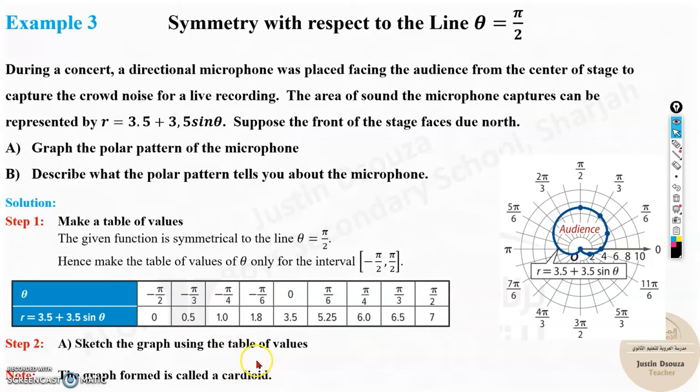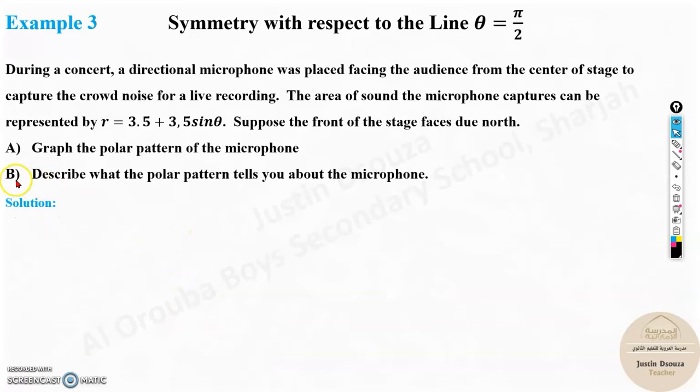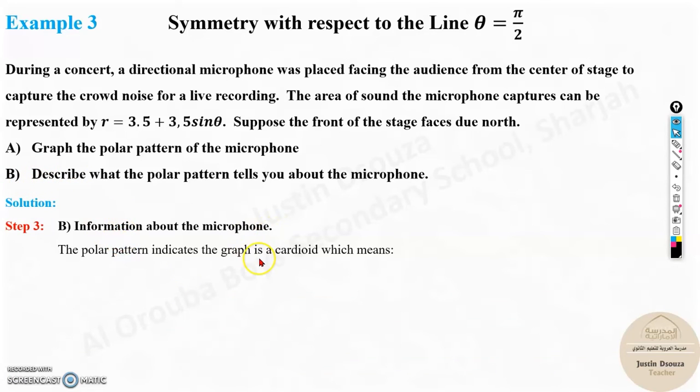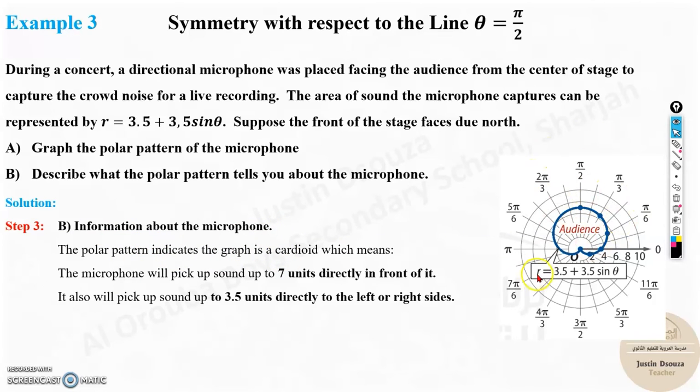Now, what does it say? We have to solve the second problem, part B, information about the microphone. The polar pattern indicates, look at this figure, this is a cardioid. Over here is the microphone. Up until 7 units directly in front, vertical distance, it can record the sound.